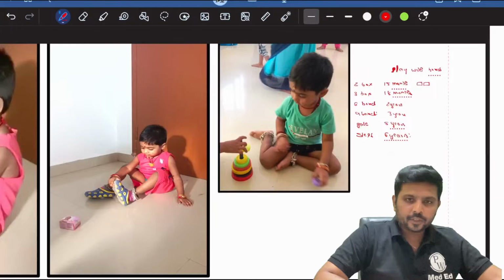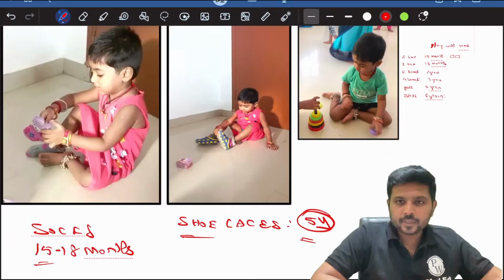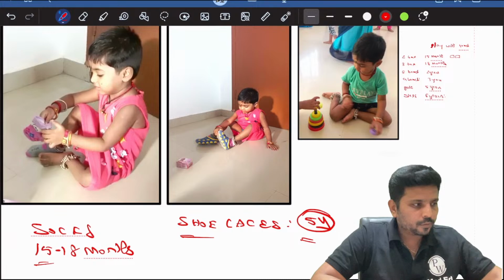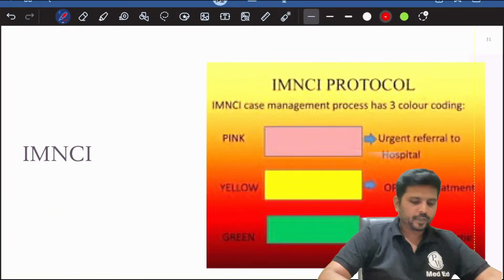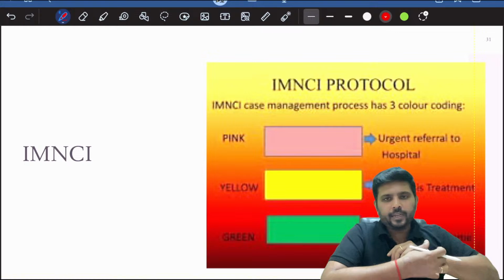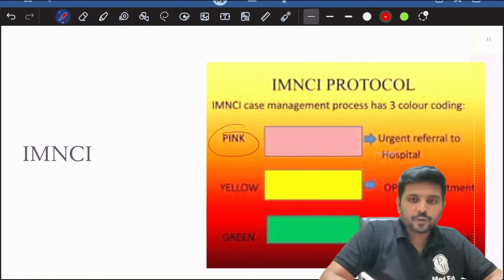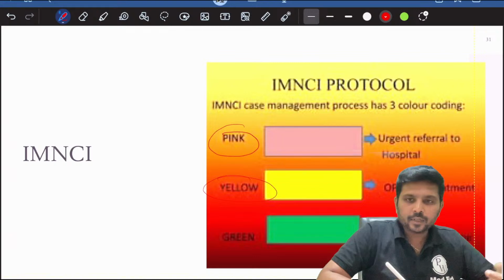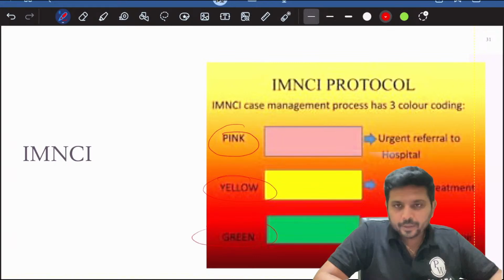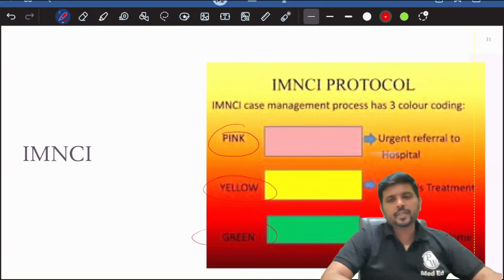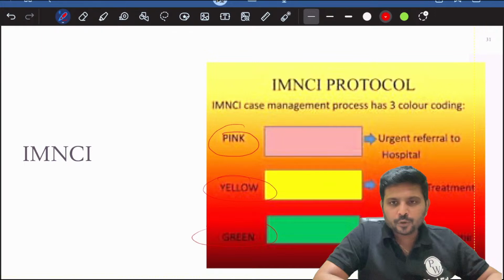So these are all the small things that they can ask you with respect to milestones. Now, IMNCI protocol. You all know that pink means you will refer, yellow means you will treat, green means you will observe. Definitely there will be one question with respect to IMNCI.